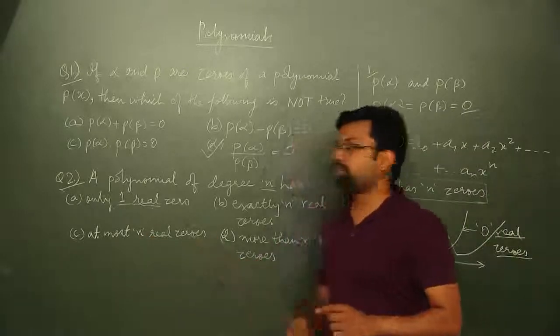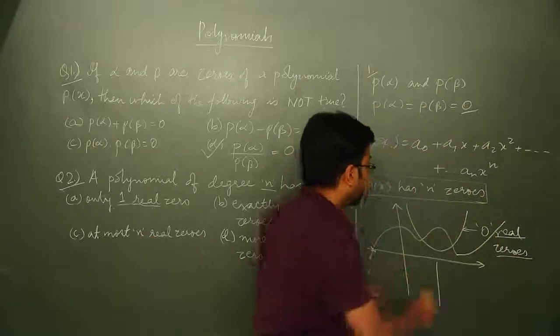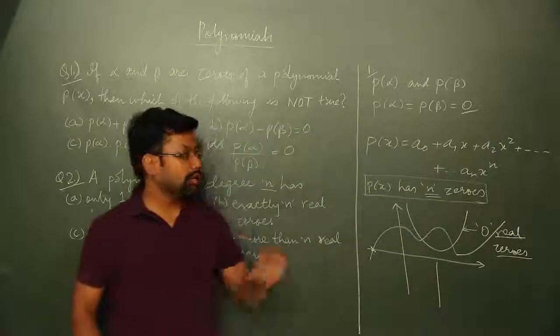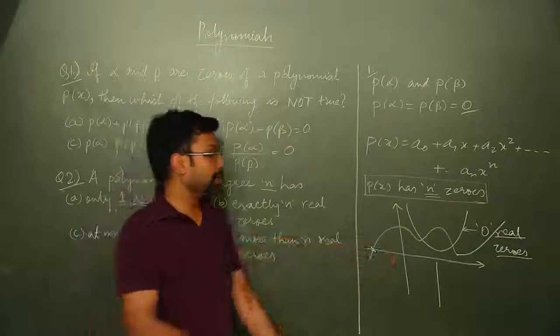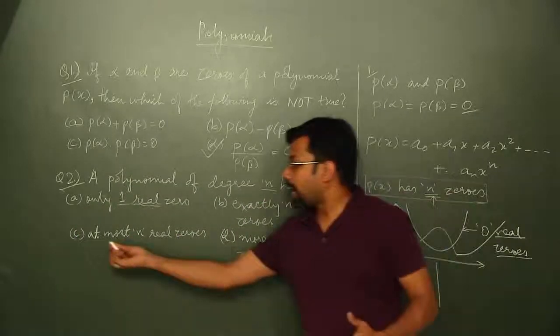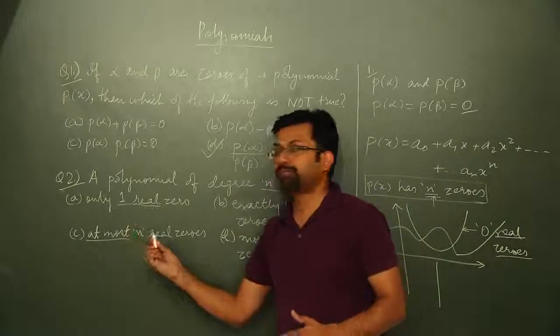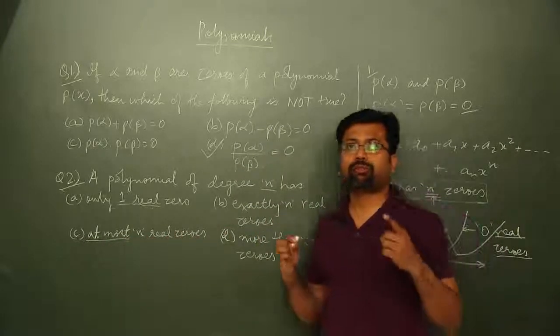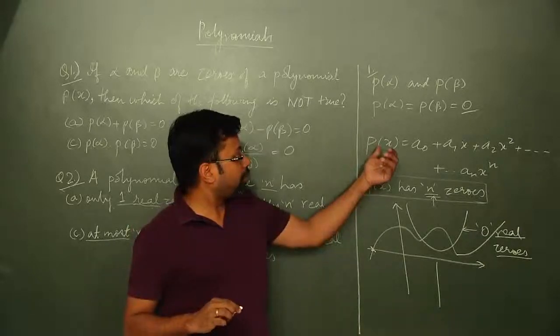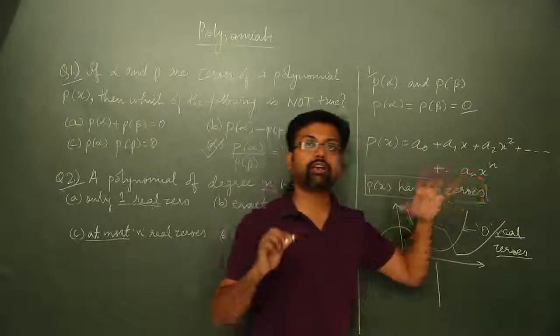At most n real zeros, which is correct. There are n zeros, they all could be real, they all may not be real, but there is a possibility that they all could be real. So at most would mean it will have a maximum of n real zeros. The number of zeros of a polynomial p(x) of degree n cannot exceed n.